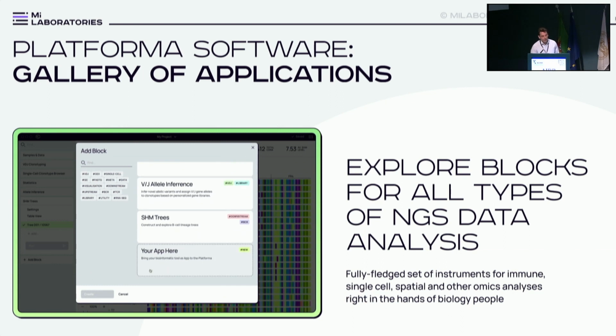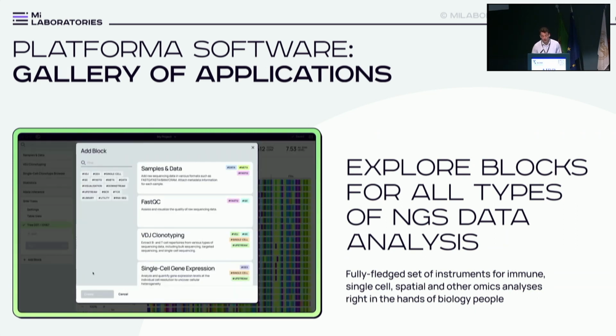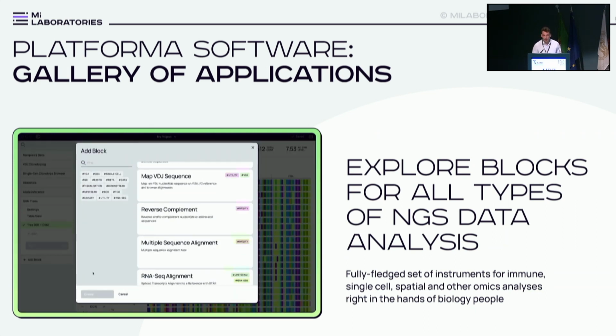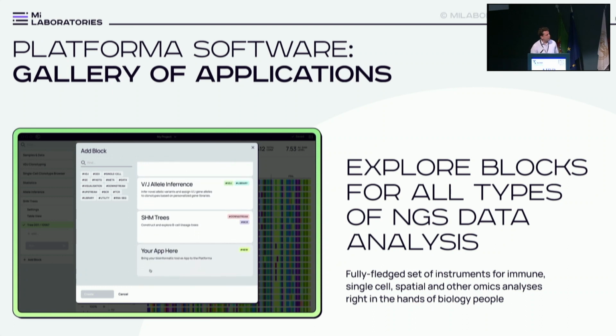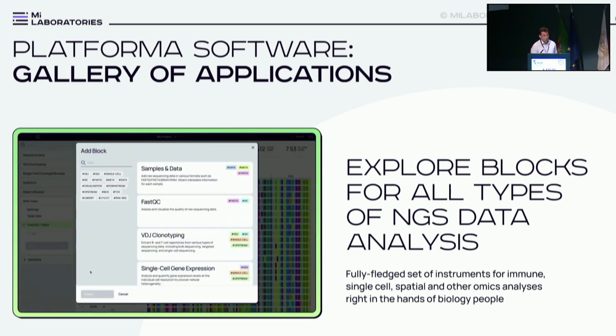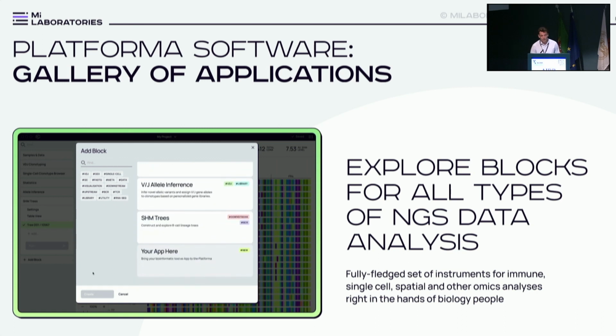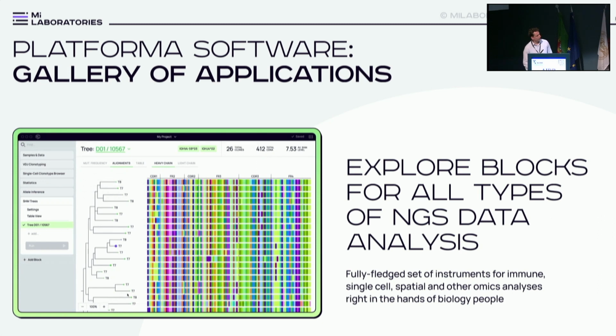The fact that the platform is open allows other people, such as bioinformatics developers from academia, to develop their pipelines and blocks and bring them to the platform, so that biology people can use those pipelines and algorithms from the nice graphical user interface without needing to run code.